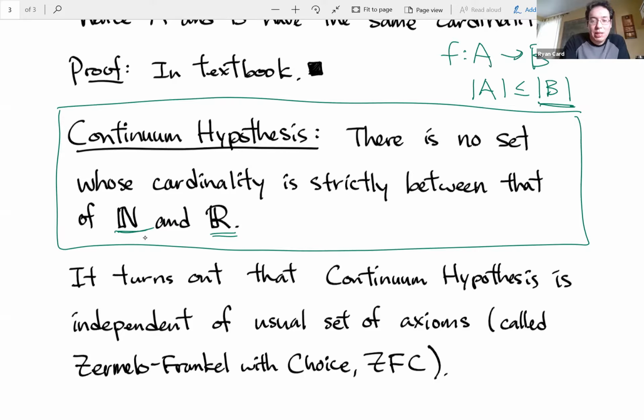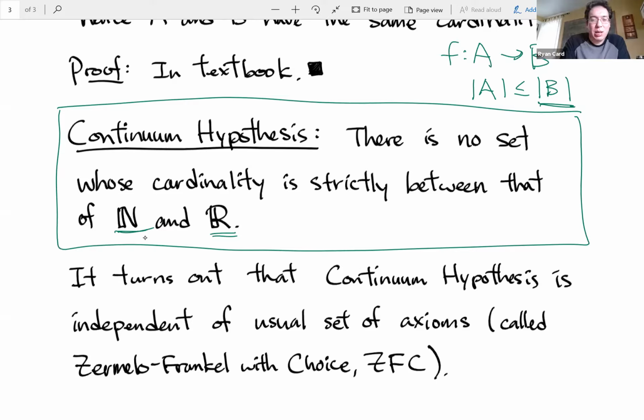What I mean by that is that the answer could be yes, and the answer could be no, and there would be no contradiction whatsoever with whatever else we can prove within mathematics. Sometimes these questions do not have answers, and it's mind-blowing to me that it seems like a concrete question.